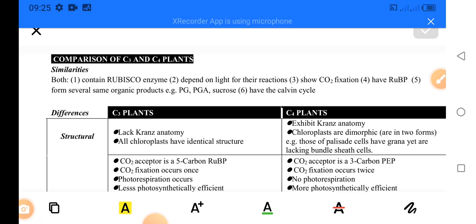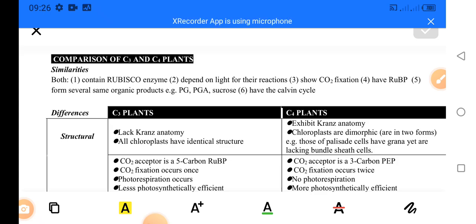Then 5, both form some organic products, e.g. PGA, then PGAL, sucrose. 6, they have the Calvin cycle. Those are the similarities between C3 and C4 plants.